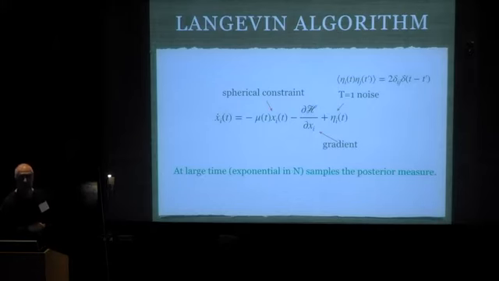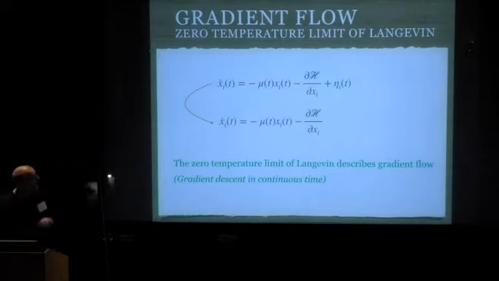You have a small random noise. Gradient descent will be just the zero temperature limit that you get here. Well, not quite, because this is in continuous time, so this is more gradient flow. So we are not actually studying gradient descent here. We are more studying gradient flow, because this is what we can do. All right, so that's the kind of thing that we would like to do.